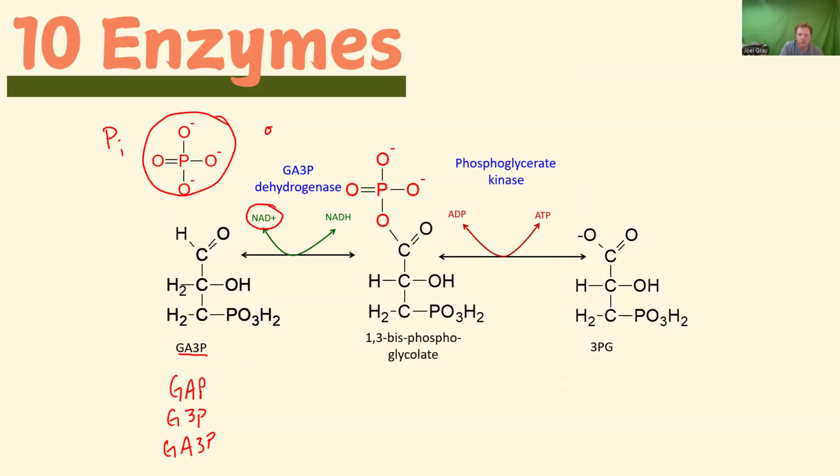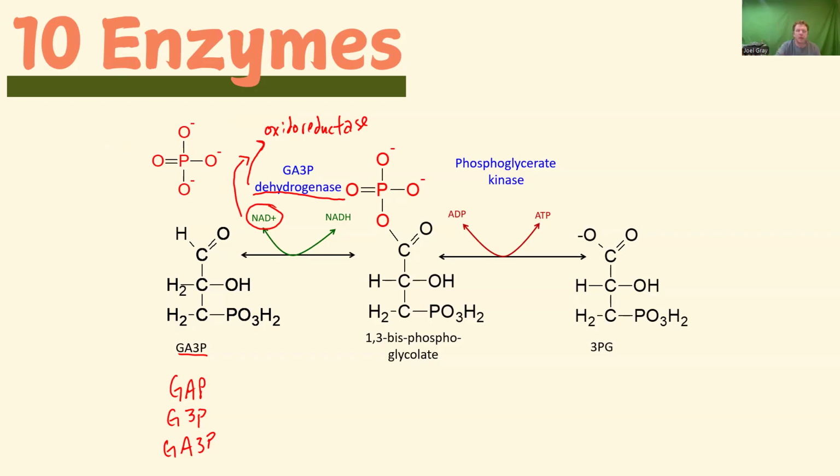This is an oxidoreductase. A good clue for an oxidoreductase is whenever you see the name dehydrogenase, I want you to think oxidoreductase. Whenever you see NAD+, I want you to also think oxidoreductase. So we are adding a phosphate, but that doesn't mean it's a transferase, because this inorganic phosphate, this Pi, is not coming from anywhere.